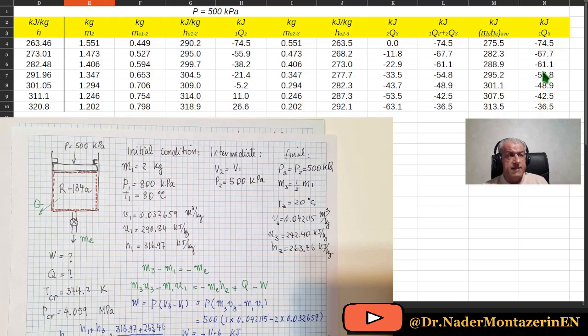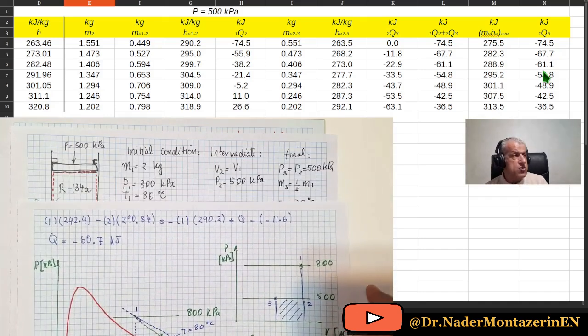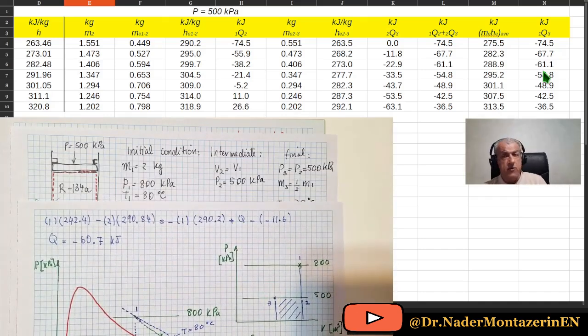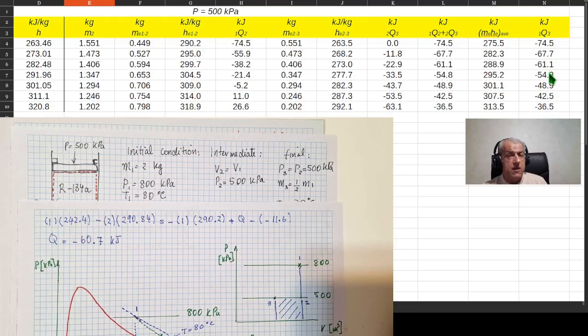And my previous calculation gave us a 60 kilojoule heat transfer. And now you see that for a better assumption and for a different balance of heat transfer between the two processes, the answer could change anywhere between 36.5 and 74.5, which is almost 50% up and down from what we had calculated before.